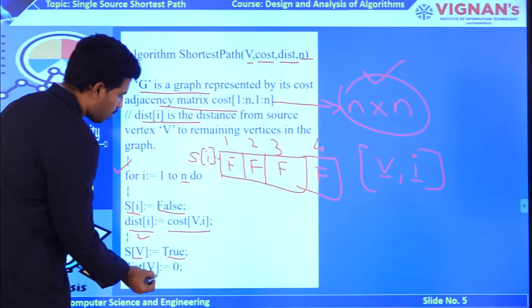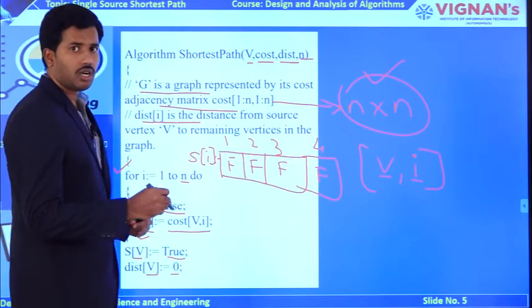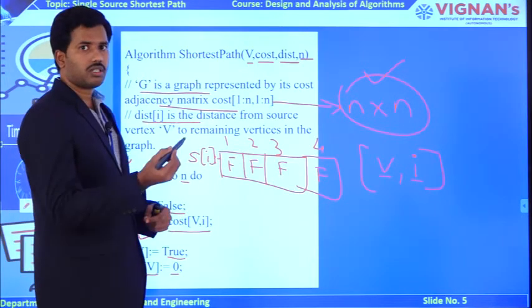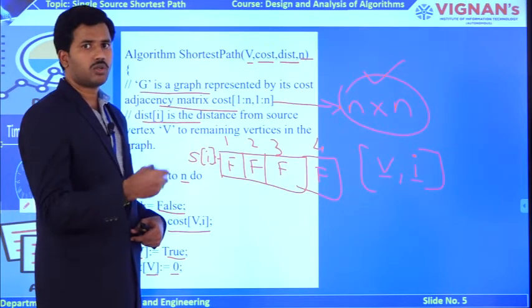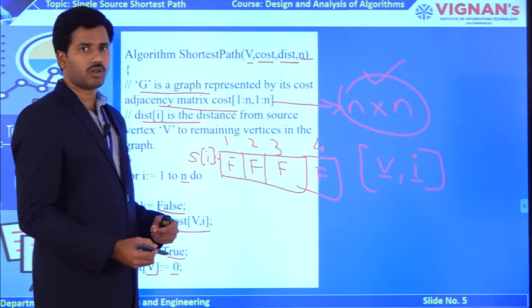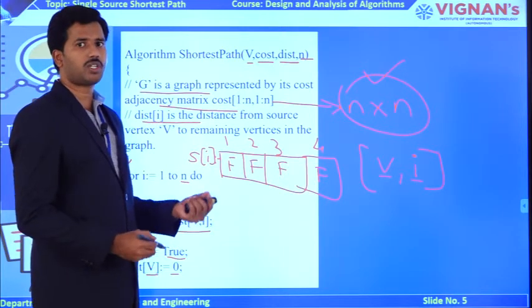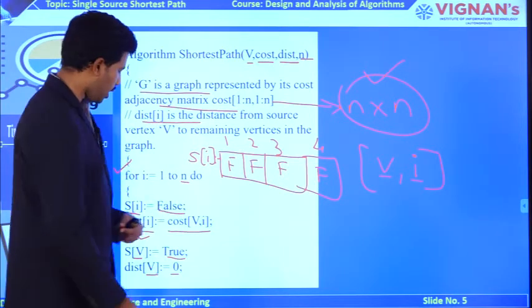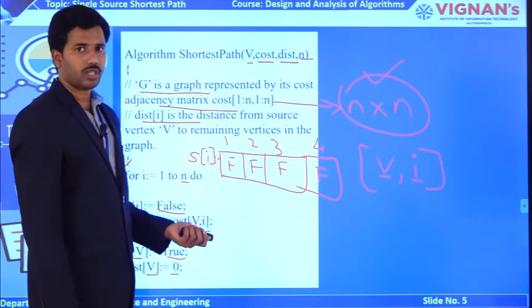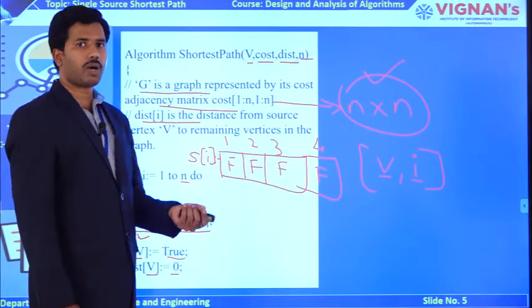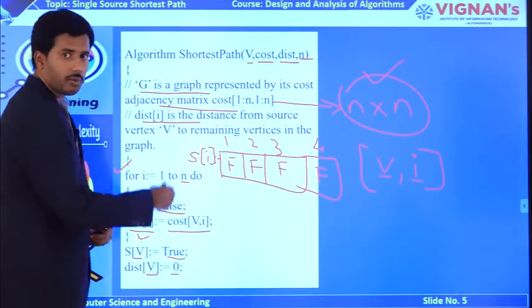The distance value of the source vertex is 0. Why? Because what is the value of the loop vertices? Nothing but 0. So 1 to 1, 2 to 2, 3 to 3, all these values are filled with 0, right? It is not possible to update the value for loops. That's why for the source vertex I'm simply assigning the distance value as 0. Now my target is to find the optimal path from my source vertex v to the remaining vertices.